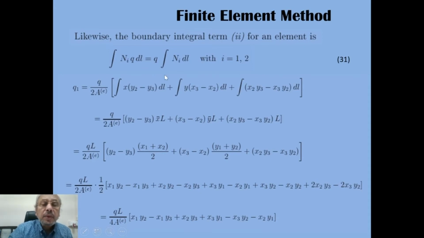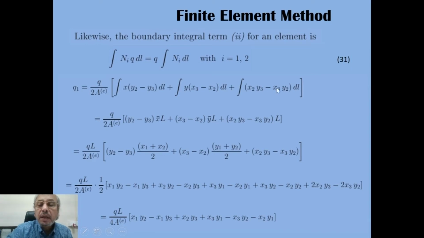Then we write N1 with the shape factor, and as usual 2 into area is in the denominator, that is the determinant of the matrix, and we take it outside the bracket.